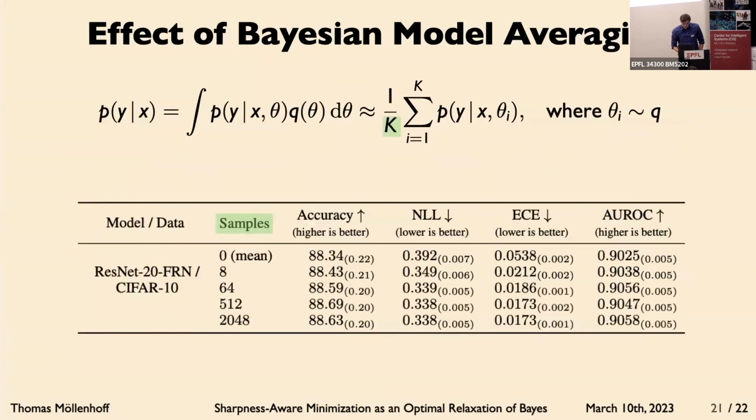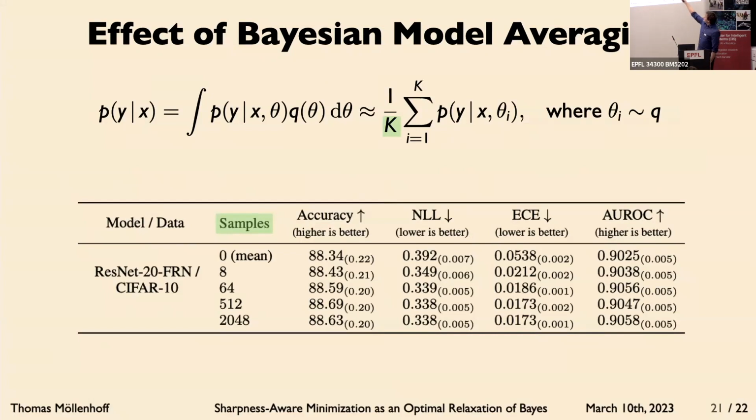Okay, so let me maybe give one last experiment here. We've seen improvements, and of course, we wanted to understand why this BSAM method works so well in practice. So in the paper, we run some ablation studies. And one reason we could get good results is by using this Bayesian model averaging, because now we are learning a distribution rather than a single point estimate.